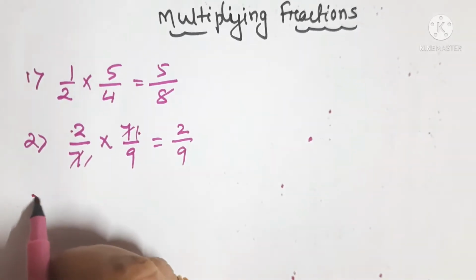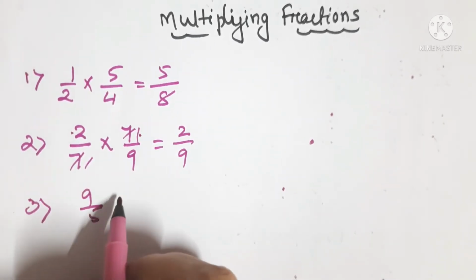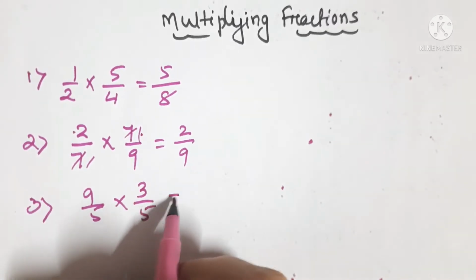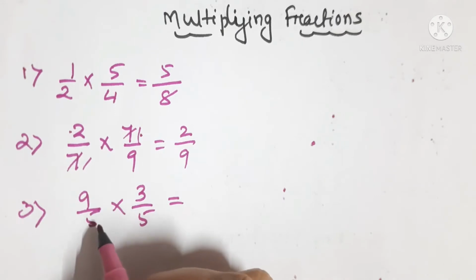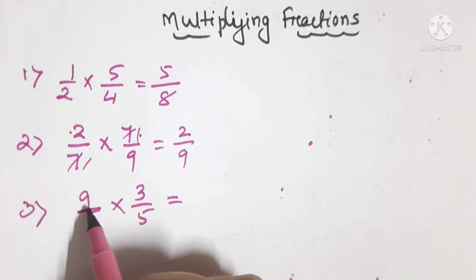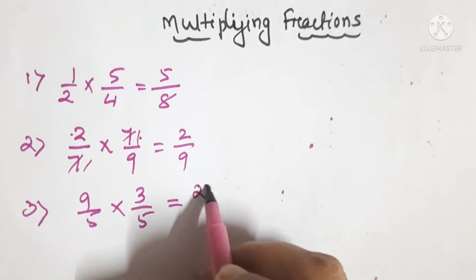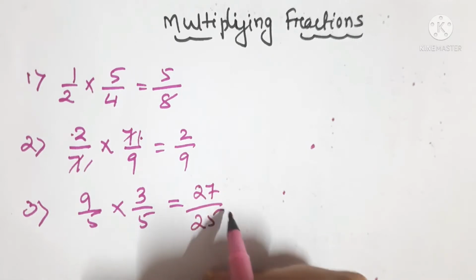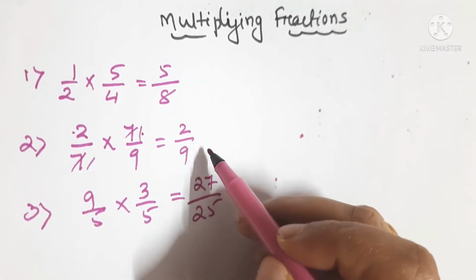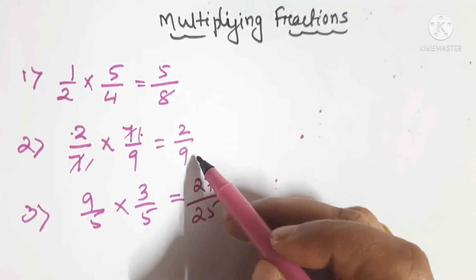Next, third one is 9 by 5 multiplied by 3 by 5 equals. Here, is there any cancellation opposite? Nothing is there, so you can directly multiply and write here. 3 9s are 27, 5 5s are 25. In both earlier cases these are proper fractions, meaning the numerator is small and the denominator is big.